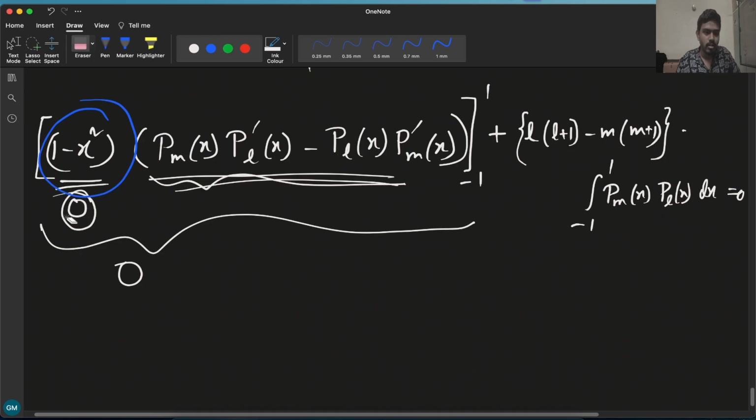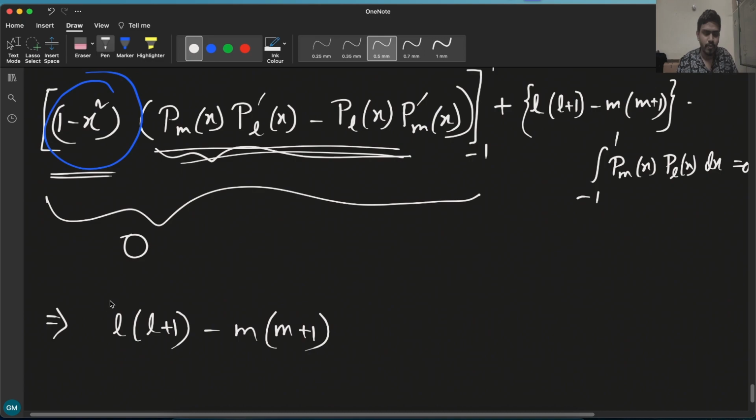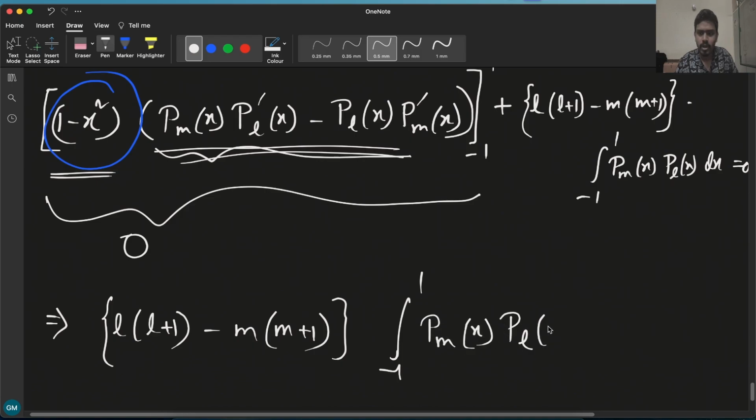Okay, so when we put the limits, what we are left with is L into L plus 1 minus M into M plus 1, times the integration from -1 to 1 of Pm(x) Pl(x) dx equals 0.